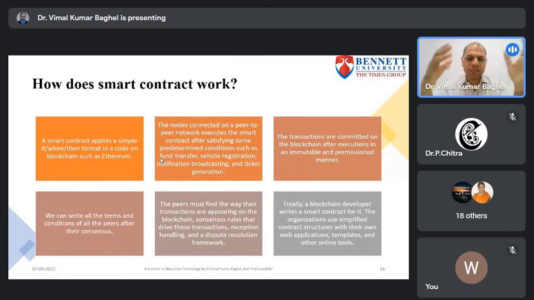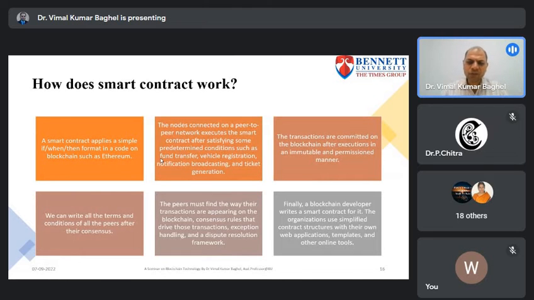With the help of that if-then, the smart contract will be executed, and accordingly the actions will take place. Then the nodes connected on a peer-to-peer network execute the smart contract after satisfying some predetermined conditions such as fund transfer, vehicle registration, notification broadcasting, and ticket generation.